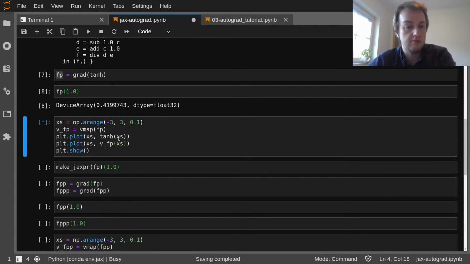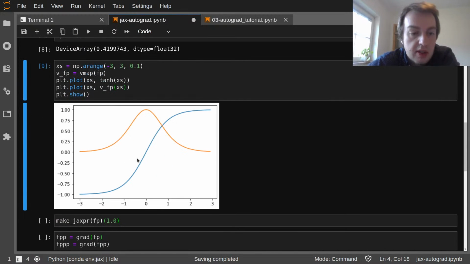Again, I could just show that for a bunch of values, and so we would have the function itself, and in orange, its derivative. So indeed, you see that's the correct one. For values that are near -3 or below, or near 3 or above, the function is flat.